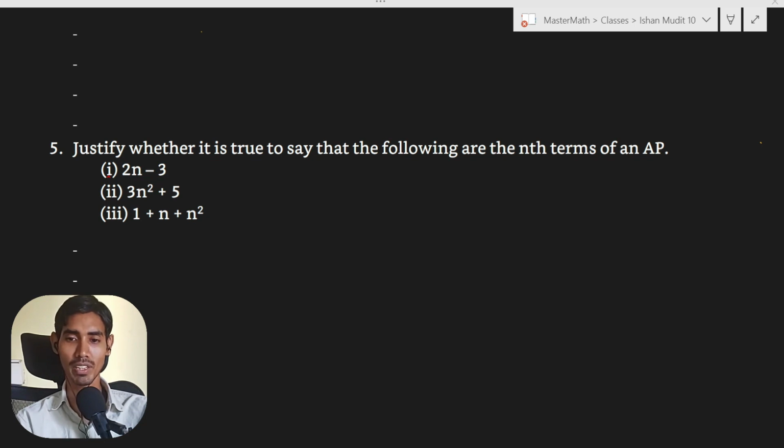Square terms would create a problem to get an AP. For the most part, you won't get it. The difference of consecutive terms, like 4 to 5, so it's 16, 25, there's a lot of gap you will get in consecutive terms. It's not going to end up in an AP.